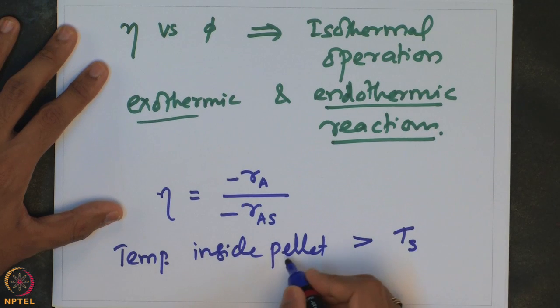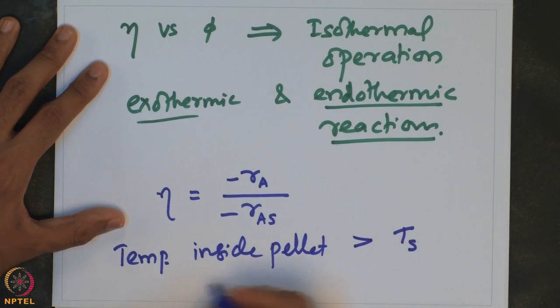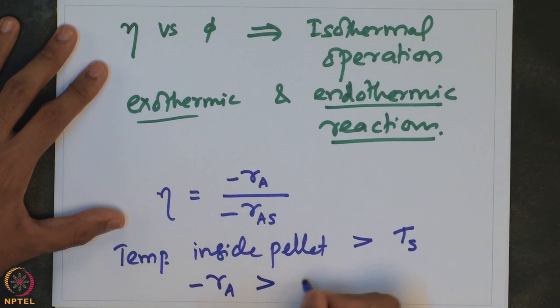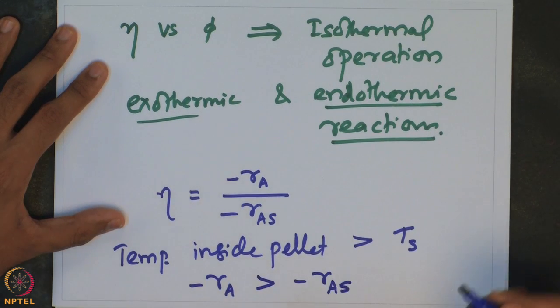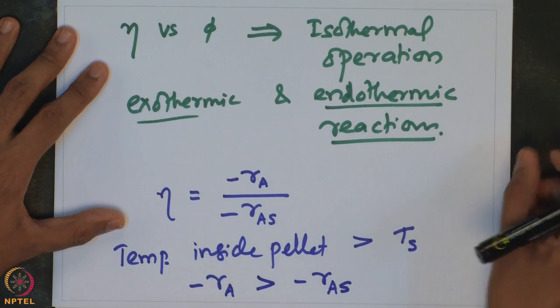So, if the temperature inside the pellet is greater than the temperature at the surface, then it is likely that the rate of reaction inside the catalyst is likely to be larger than the rate at which the reaction would happen if the conditions everywhere in the pellet were that of the surface conditions. So, because of this observation, the actual reaction rate can be larger than that of the reaction rate if the conditions inside the catalyst pellet were that of surface conditions, and the ratio of these two rates is expected to be larger than 1.